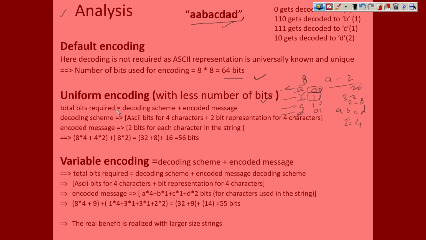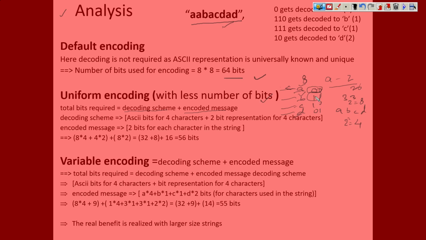So total bits required is basically the decoding scheme and the encoding message. When we think about encoding, it is not only about encoding the data with this kind of representation, but we also need to think about how the receiver will react to the information which has been received.